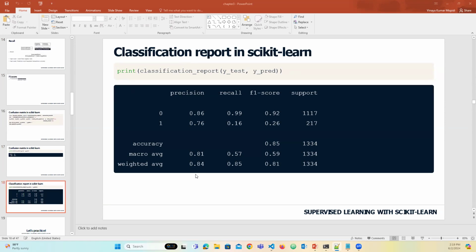It includes precision and recall, which are 0.76 and 0.16 for the churn class respectively, which highlights how poor the model's recall is on the churn class. Support represents the number of instances for each class with the true labels.